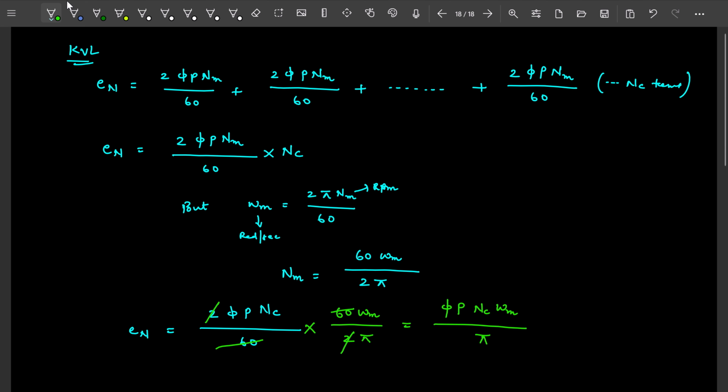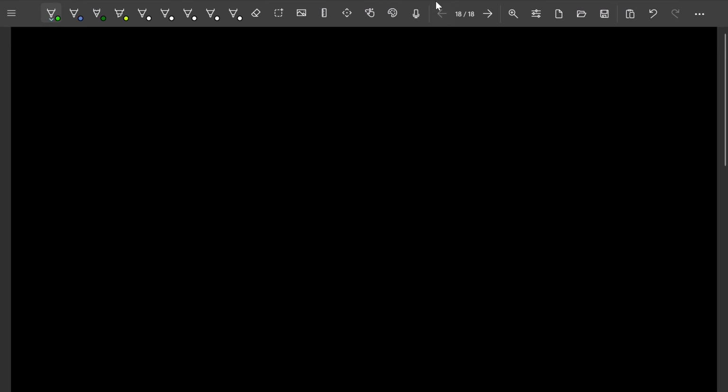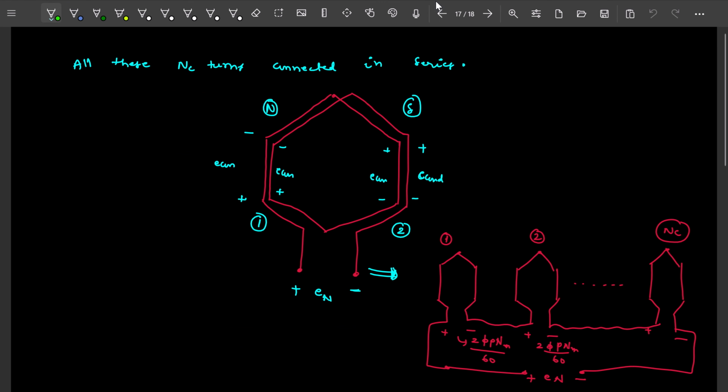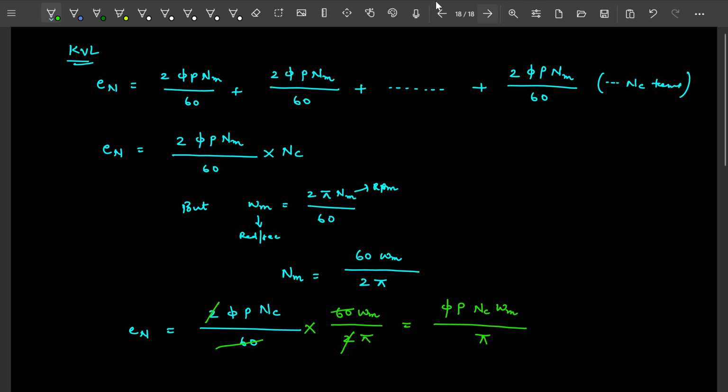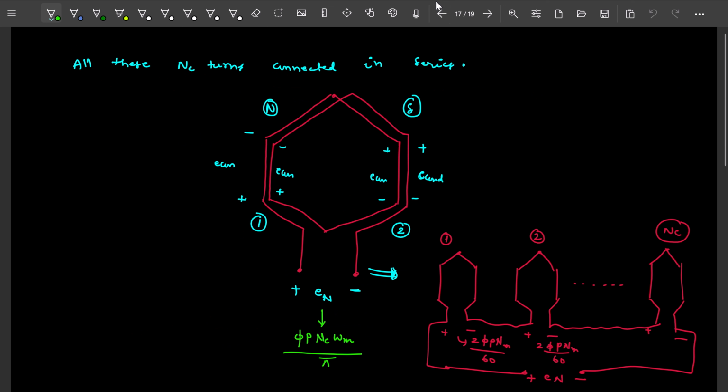Whatever this voltage is, it is across this NC turn coil. What? 5 P NC omega m divided by pi, I think. Yes. That is the voltage across this NC turn coil.